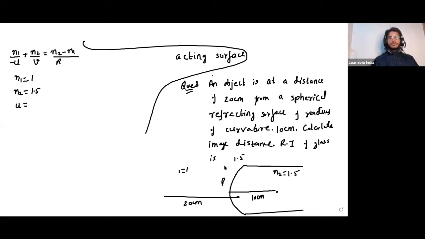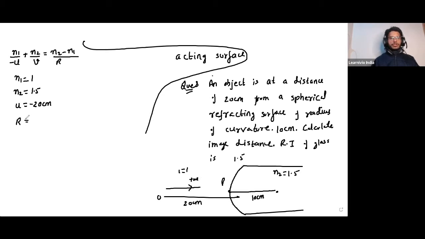Remember, all distances should be measured from the pole. This is your object, so this should be the direction of light, the positive direction. But while measuring the object distance, you are moving from pole to object, in a direction opposite to that of light. So your object distance is negative, minus 20 centimeters.